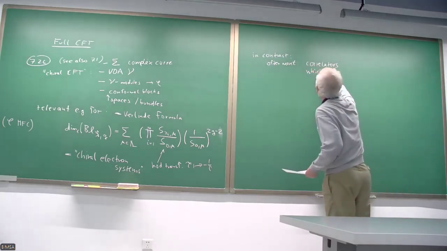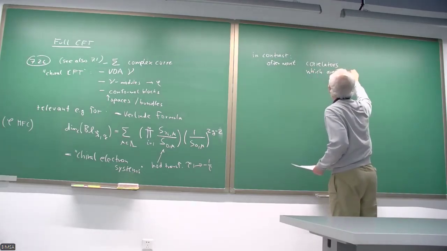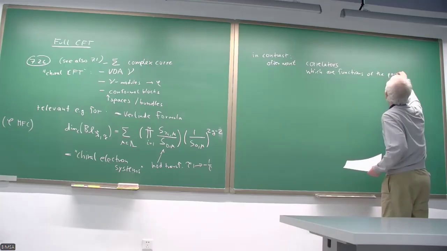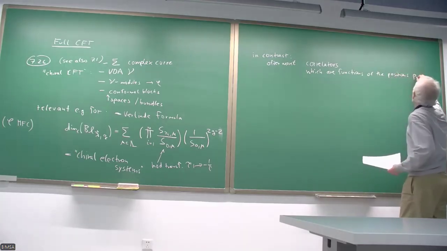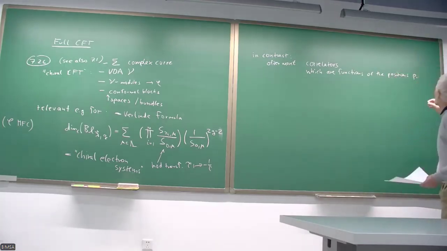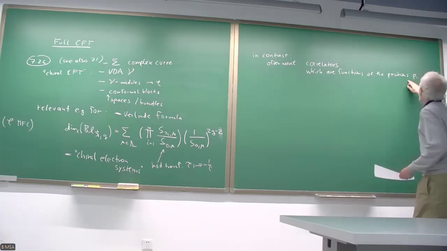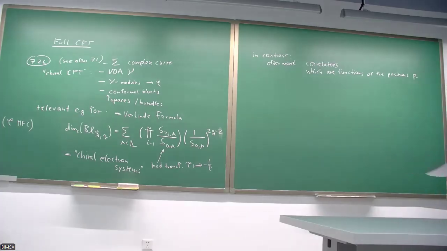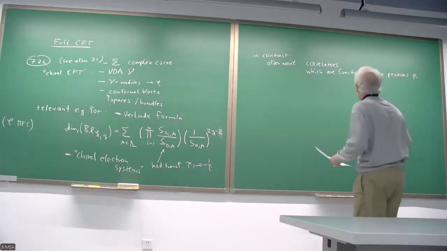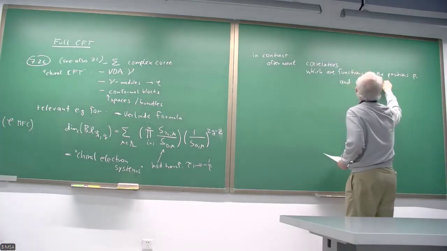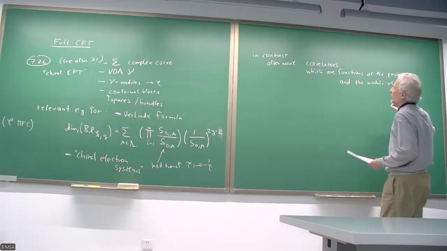So they should be single-valued functions of the positions of these fields which carry those representations of the vertex algebra, and we could also say functions of these local coordinates we choose there, and of the moduli of the surface sigma.